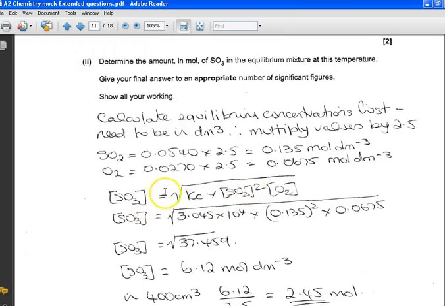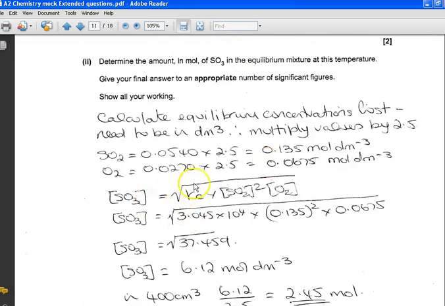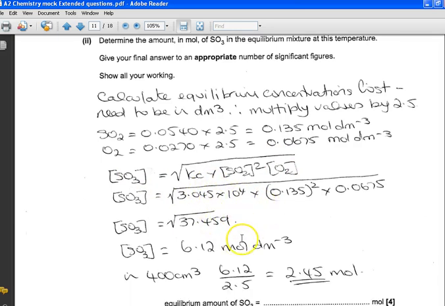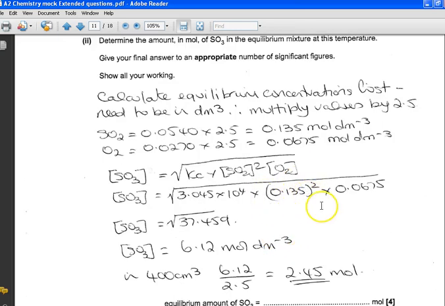rearranging. So we need it for SO3, and because SO3 is squared in the expression, the square root of the other side of the equation will give us the concentration of SO3. So after that, it's just a matter of putting numbers in. Don't forget that your SO2 is also squared, so the value for SO2 needs to be squared.